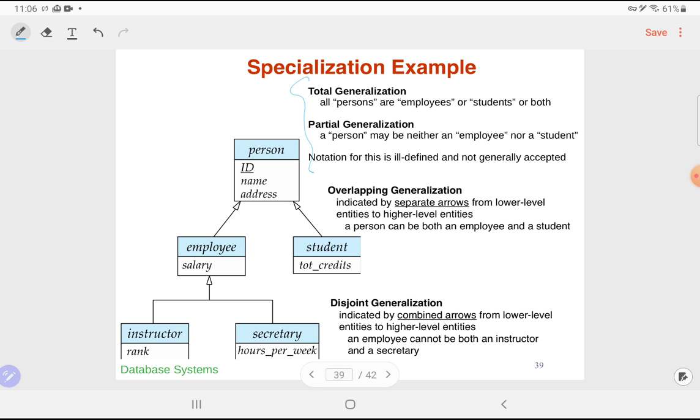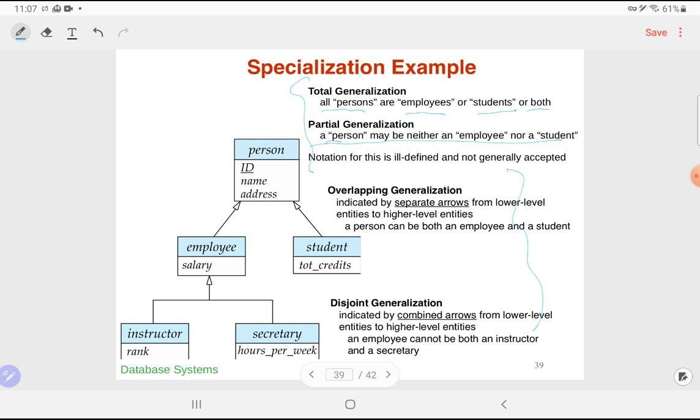Total versus partial generalization, overlapping versus disjoint generalization. So we'll deal with total versus partial. Total generalization. All persons are employees or students or both. Partial generalization. A person may be neither an employee nor a student.